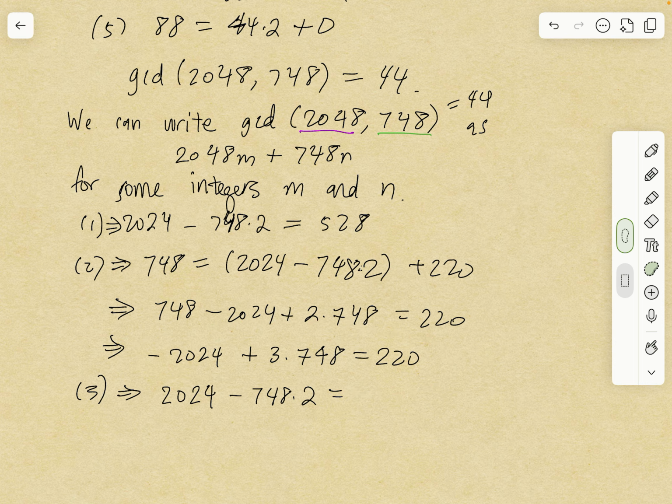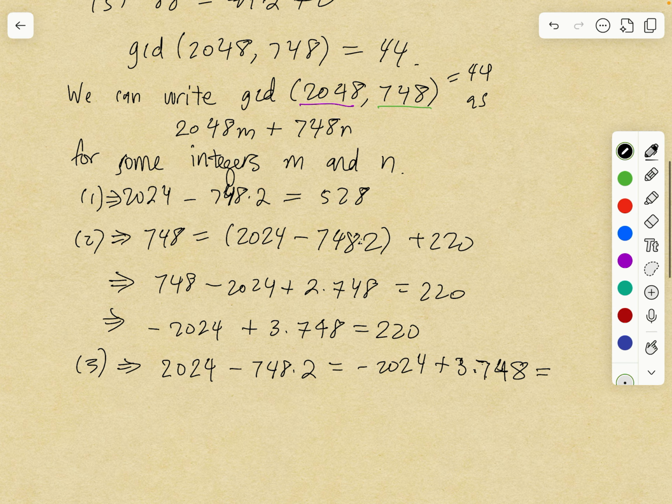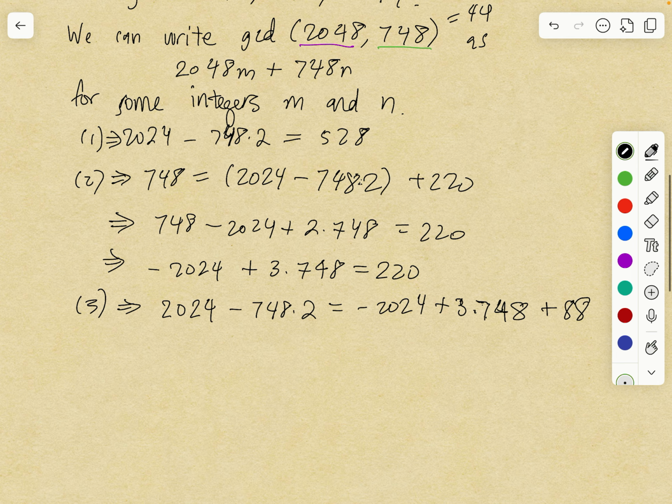Right? So it's negative 2024 plus 3 times 748 equals plus 88. So now I can solve for 88. So I'm just going to move this over to the other side.